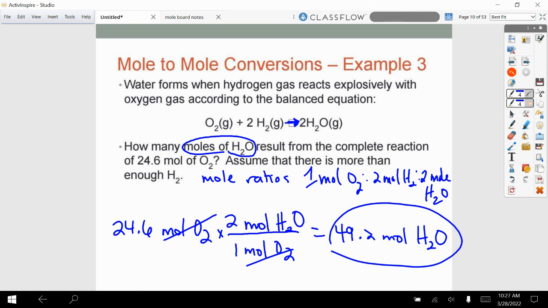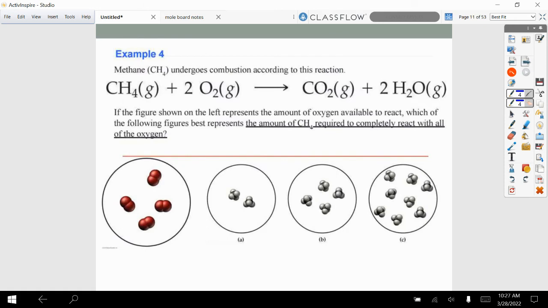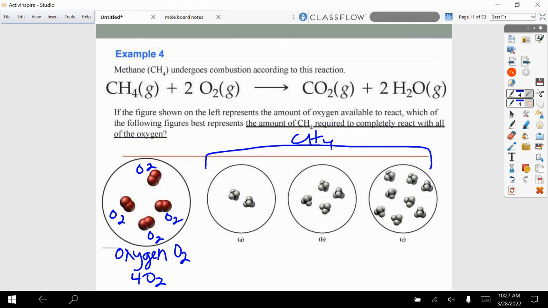Let's look at one more thing together. Here is an example of a combustion reaction, where we have methane, CH4, undergoing combustion. Look at the figures below. The figure on the left-hand side represents oxygen, which is O2, so each of these is O2. In this example, we have 4 O2, and it's asking which of these CH4 examples represents the amount of CH4 that we would have.